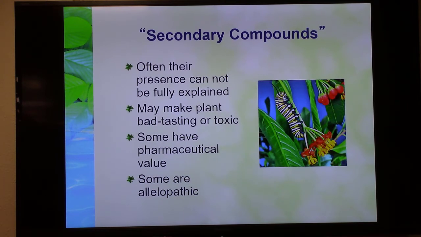Yew trees, which don't grow here, they're from up north, are a source of one of the breast cancer drugs. A lot of times we'll find this effect, then we'll do the chemistry research and figure out a way to do it in the lab, easier and cheaper than growing the plant and extracting it, but the plant is what gave us the idea. So there's a lot of validity to that.